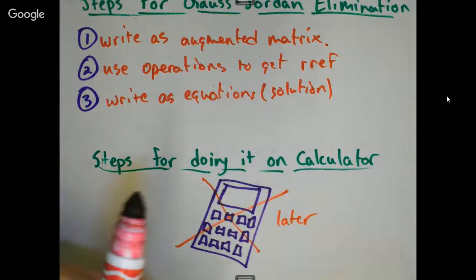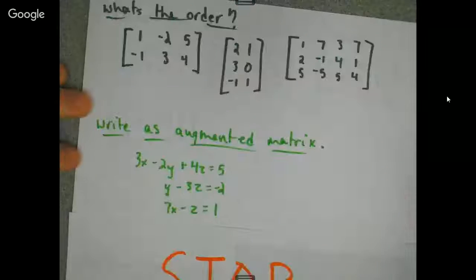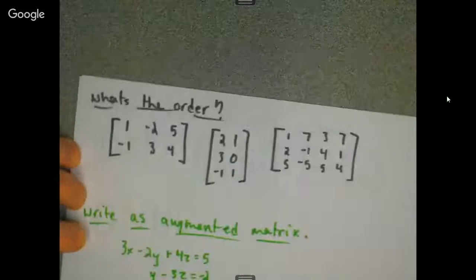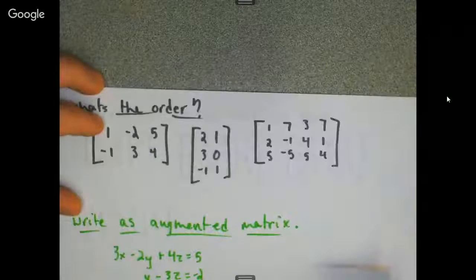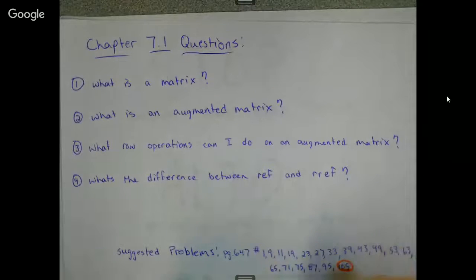So I don't want you to be doing this on the calculator, even though your calculator can do it. We need to make sure that we understand the basics of how to do this by hand before we do it on the calculator. Okay, so that is actually the end of the first part of the video.